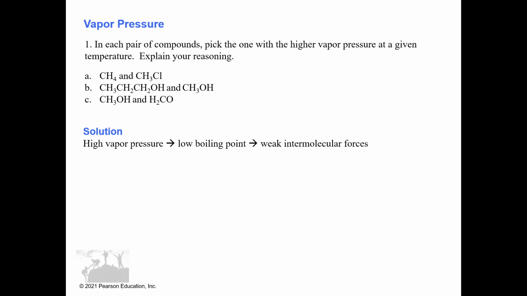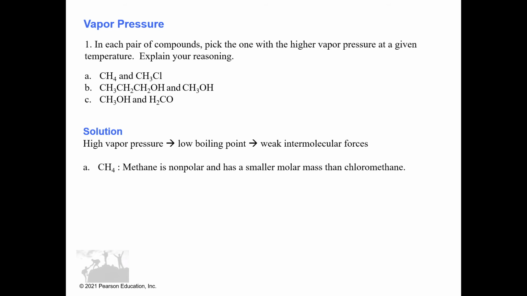And because the boiling point is low, a lot of the liquid molecules would have enough energy to become vapor, to become gaseous. So because of that, we would see high vapor pressure for very volatile substances.